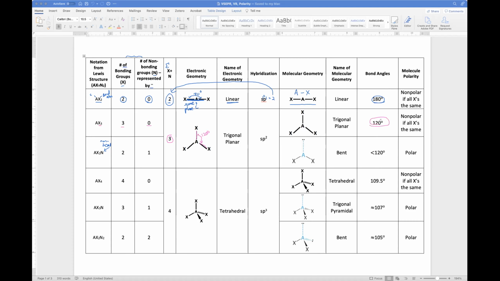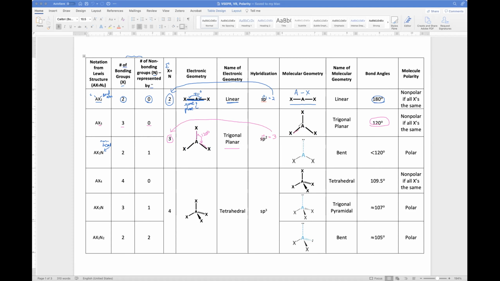This looks much better over to the right. And these 3 bonds are going to point towards the corners of a trigonal planar structure. Again, to figure out the hybridization, if you add up the superscripts, 1 plus 2 is equal to 3. That is going to be the same as our number of bonds, or our number of X plus N.